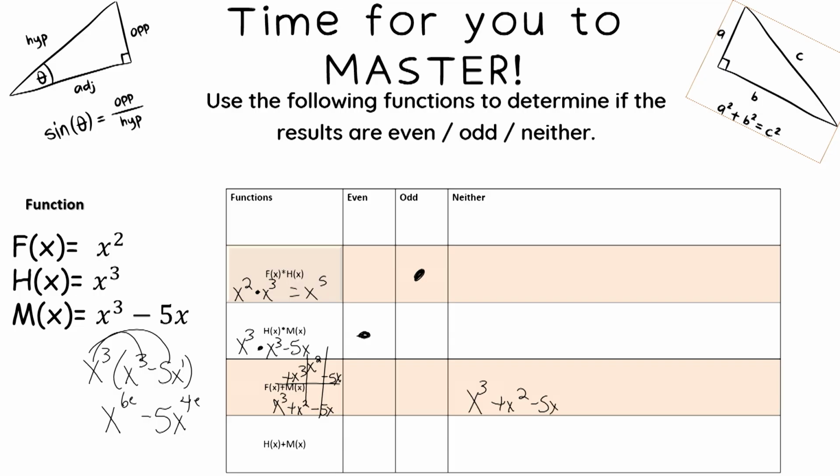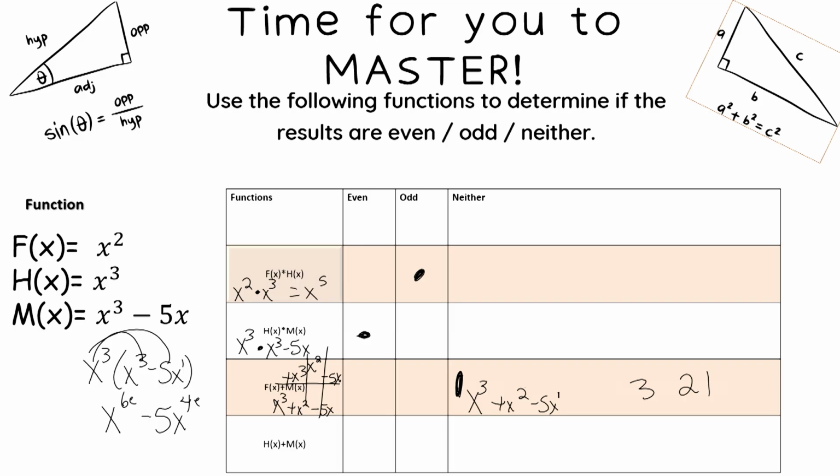So then I have an odd, which is 3, an even, which is 2, and an odd, which is 1.